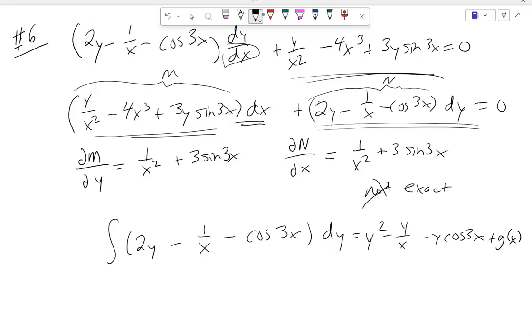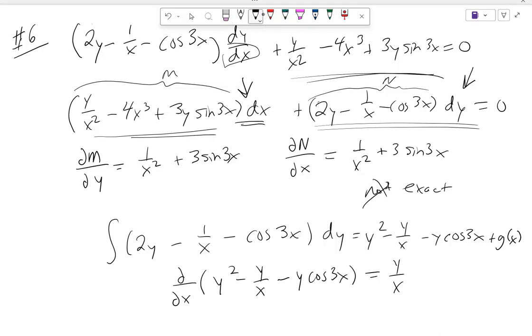All right. What do you think we should do next? Good. Exactly right. So we integrated this part. So we're going to differentiate now to get this part. Okay. So we'll do our partial with respect to x of the thing we just found, which better equal this other mess.